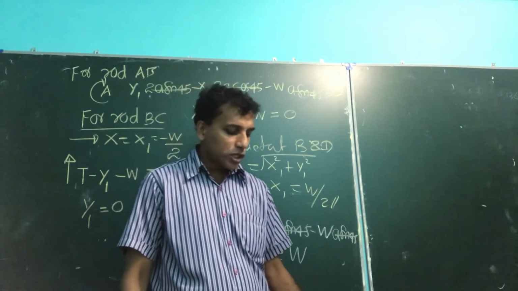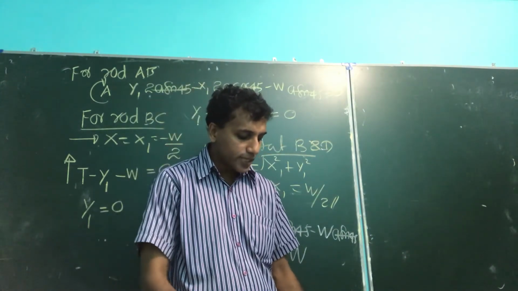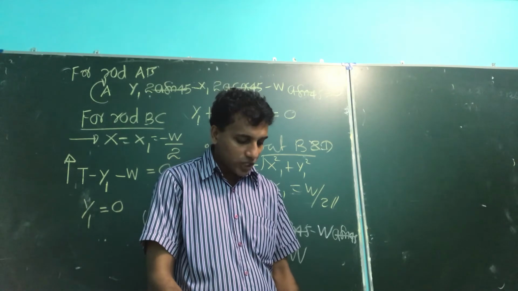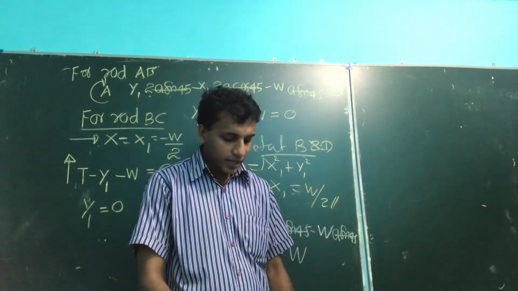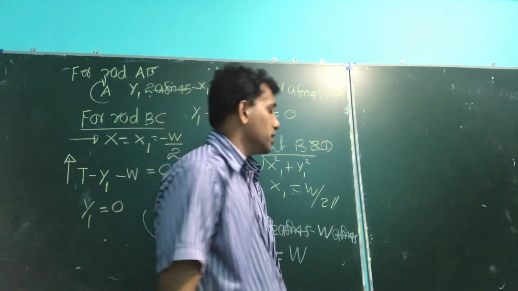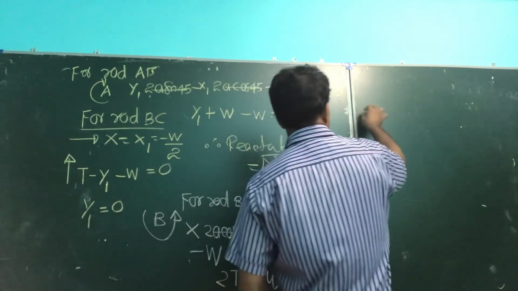The inclination of the rods to the horizontal is 60 degrees. Find the reaction at C. The same idea we have done already. Question number 4.